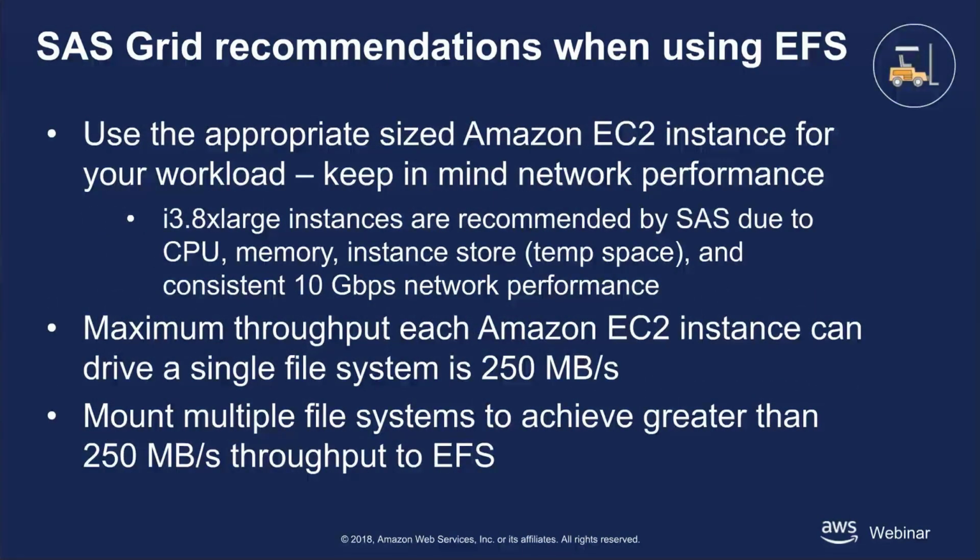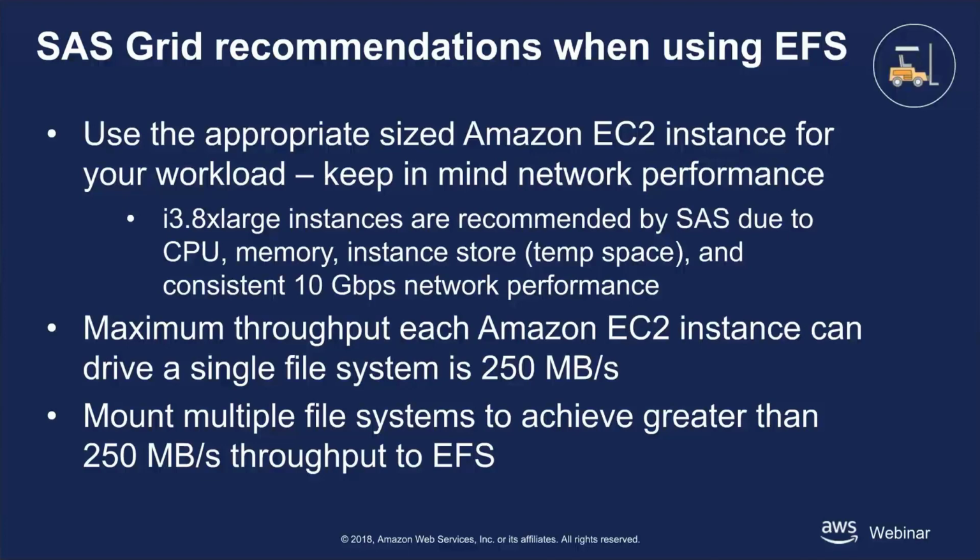Another consideration is to really understand the network performance of the EC2 instance your workload will be running on. We want you to keep in mind that network performance is very important when accessing a shared file system over the network. SAS does recommend using i3 8xlarge instances when running SAS workloads, due primarily to its CPU, memory, and dedicated 10 gigabit network performance, and the use of internal NVMe drives for SAS temporary space.